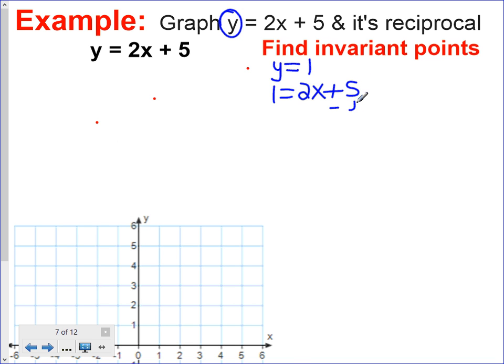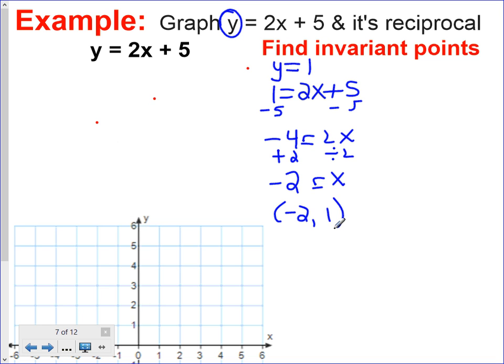So I'm going to subtract 5 from both sides of the equation, and I get negative 4 equals 2x. And then I'm going to divide both sides by 2, and I get x equals negative 2. So I have an invariant point at negative 2, positive 1, which means the function and the reciprocal function will both have that point.